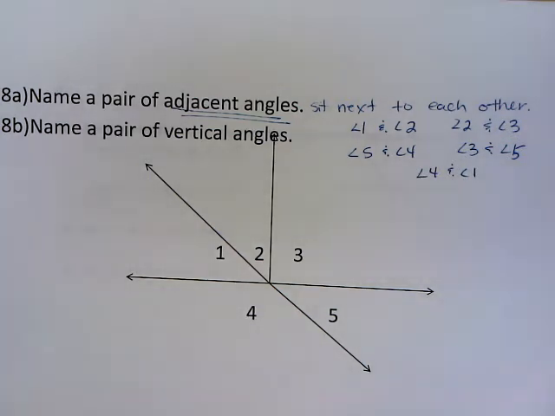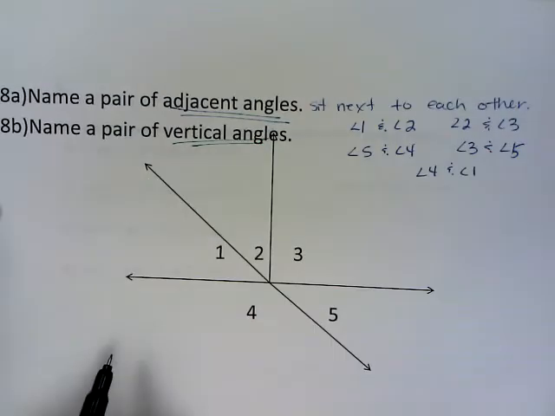Now I want to name a pair of vertical angles. Vertical angles, they're angles that when two lines intersect, they are opposite of each other. And as we learn later on, with the vertical angle congruence theorem, we learn they're also congruent. Okay, so vertical angles, though, you have to have two lines intersecting. So up here, do I have a pair of vertical angles?